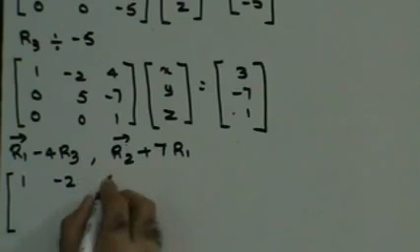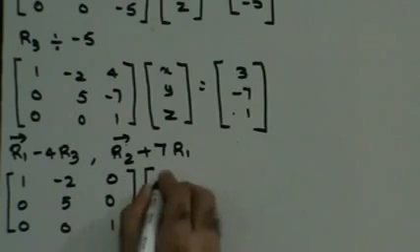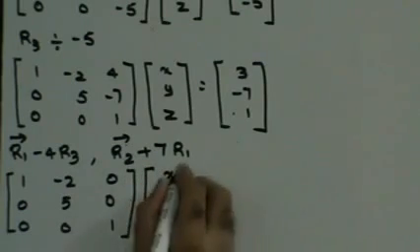Fine? Now this can be written as 1 minus 0, minus 2 minus 0, 4 minus 4, 0. Then 0 minus 0, 5 minus 0, minus 7 plus 7, 0. Then 0, 0, 1, times x, y, z.